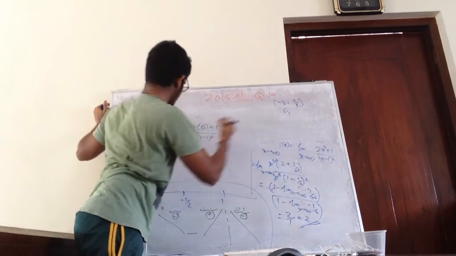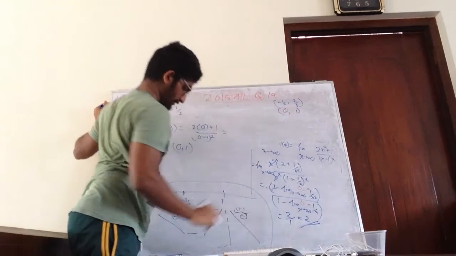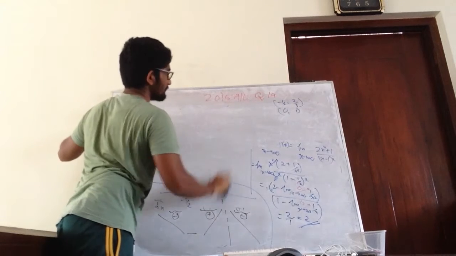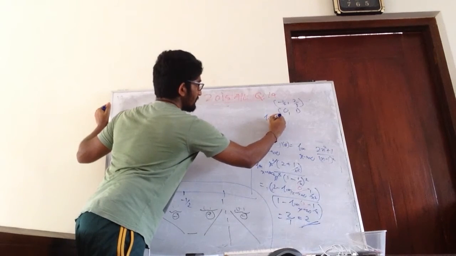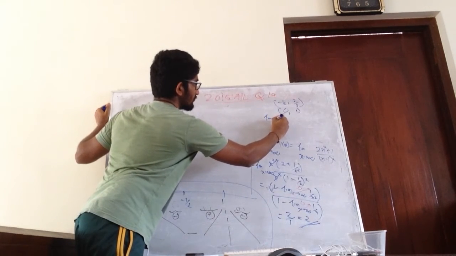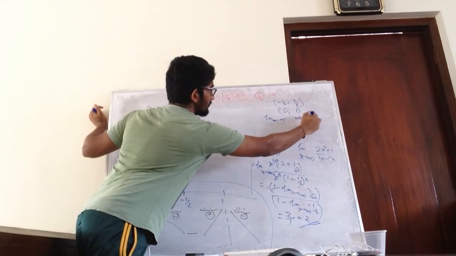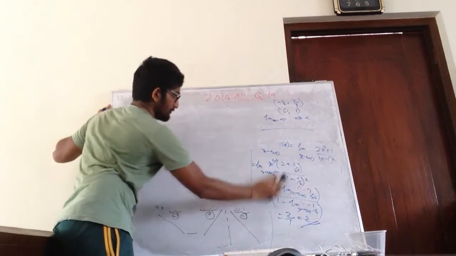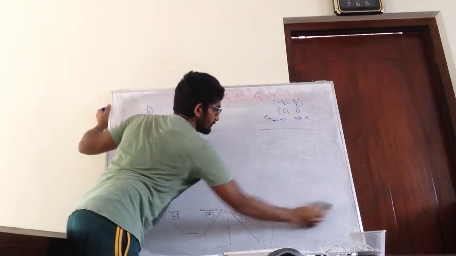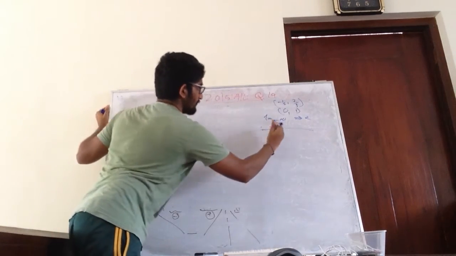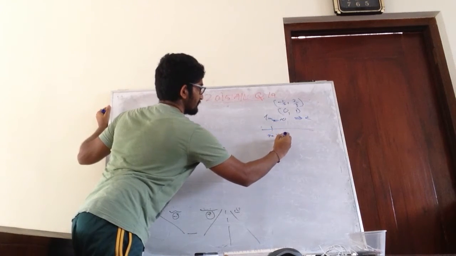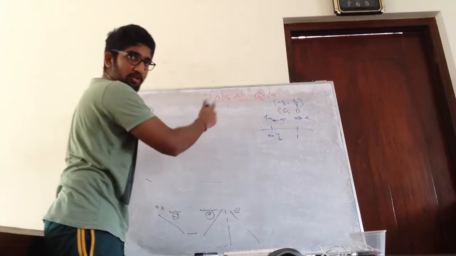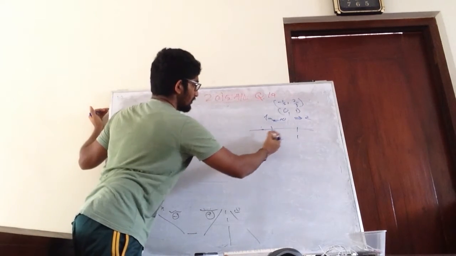Then 0, 1 is a point. Then we know the limit when x goes to infinity is going to be 2. Then we know this as well. You all don't need to write this down now, because you have this in the book.